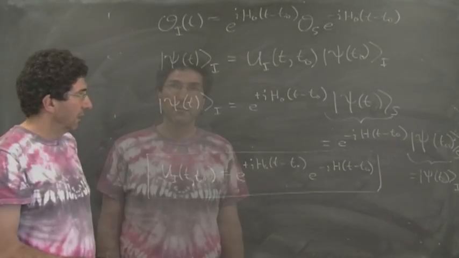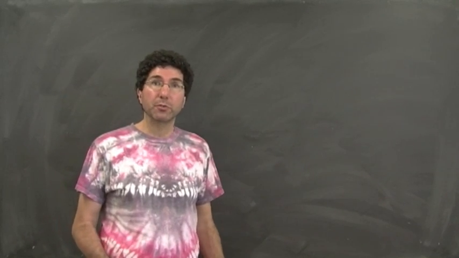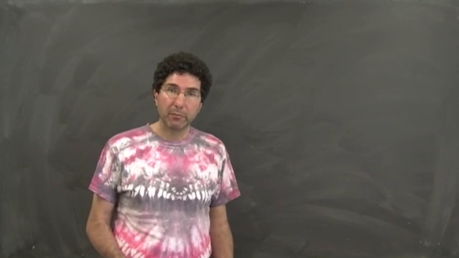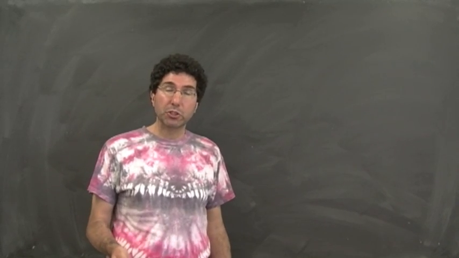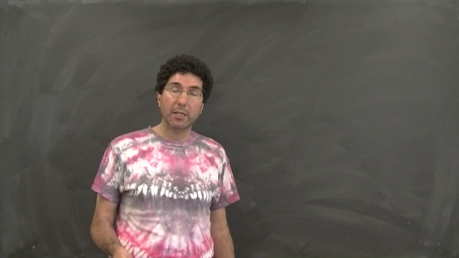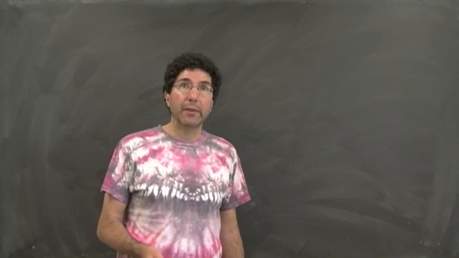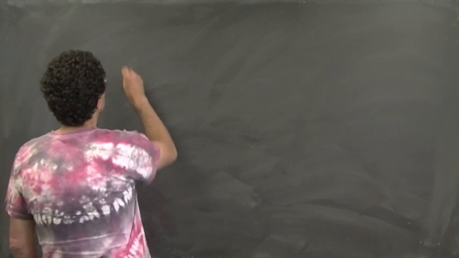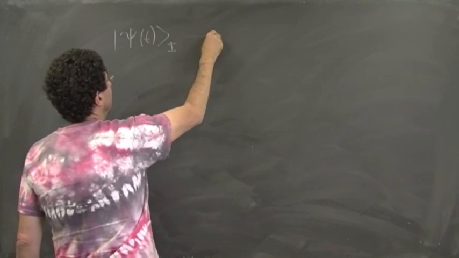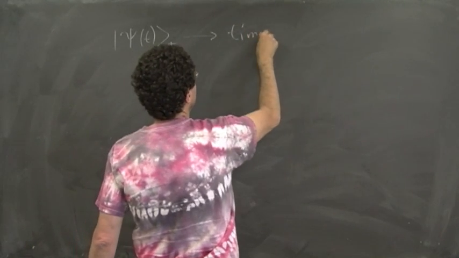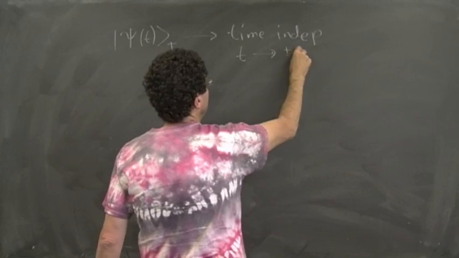So now we see why interaction picture is useful for a scattering experiment. Because in a scattering experiment, we argued that the time evolution is free at early and late times. That means it's governed by H naught, and that means that, in fact, the interaction picture state becomes time independent as t goes to plus and minus infinity.